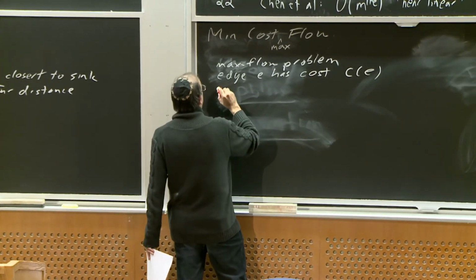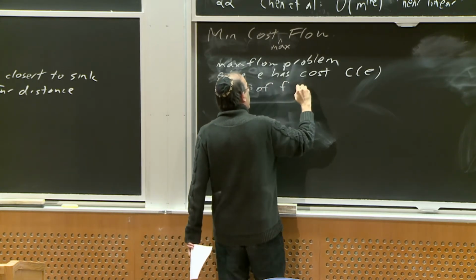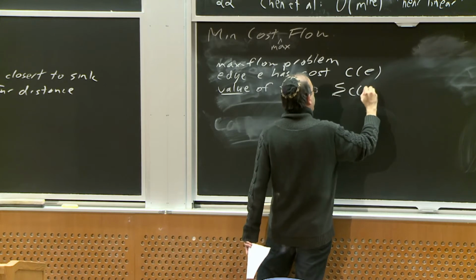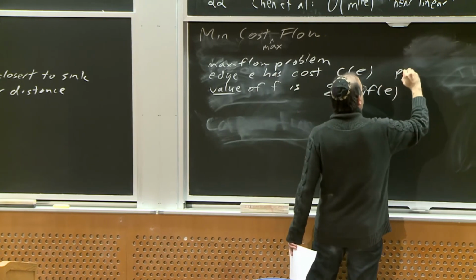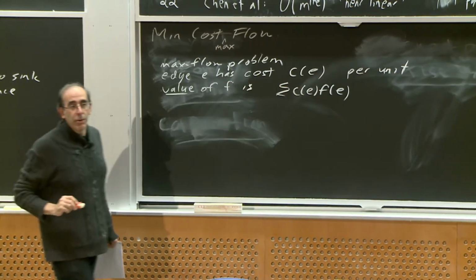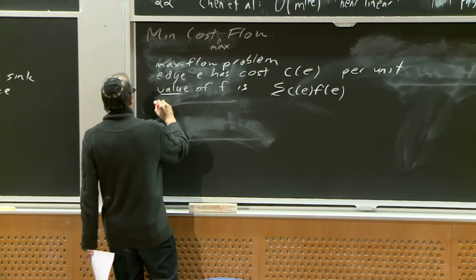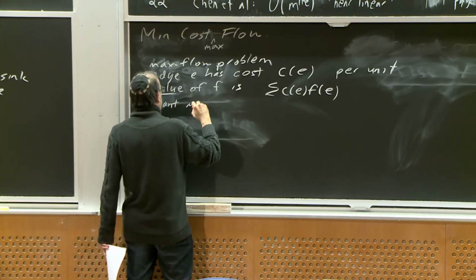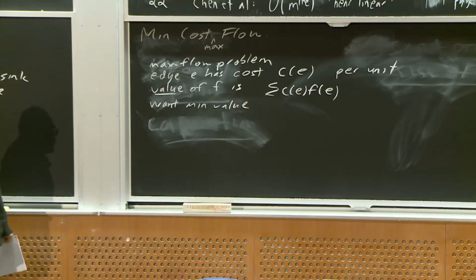Okay. And now the value of a flow is just the sum. Notice that this is a per unit cost. So if you send twice as much flow, it costs you twice as much. Okay. And our goal is to find a flow of minimum value that is a max flow.